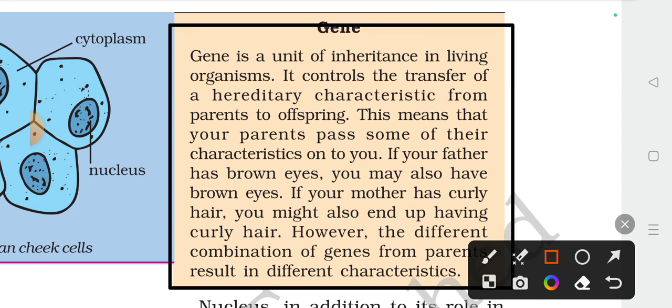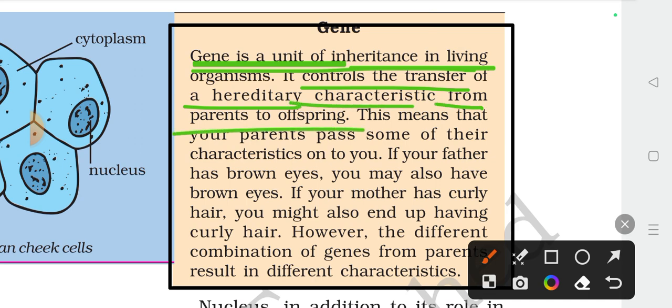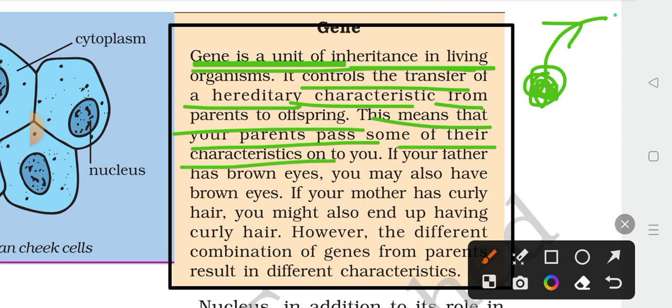A gene is a unit of inheritance in living organisms. It controls the transfer of hereditary characteristics from parent to offspring. Means, for example, the characteristics of a parent are transferred to the offspring by genes, the DNA. This means that your parents pass some of their characteristics on to you.